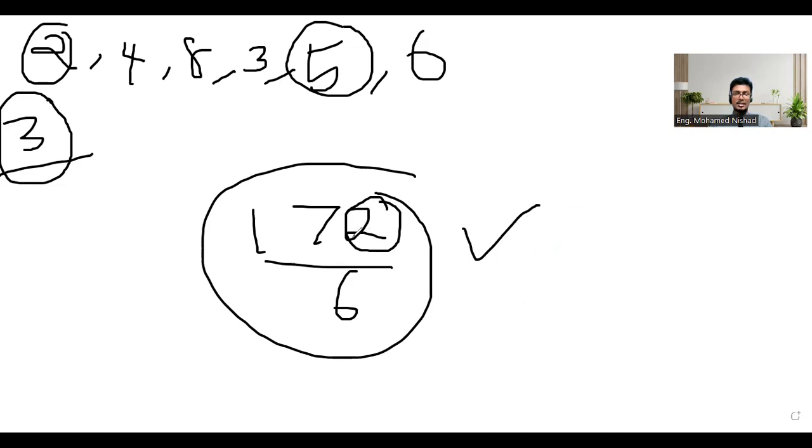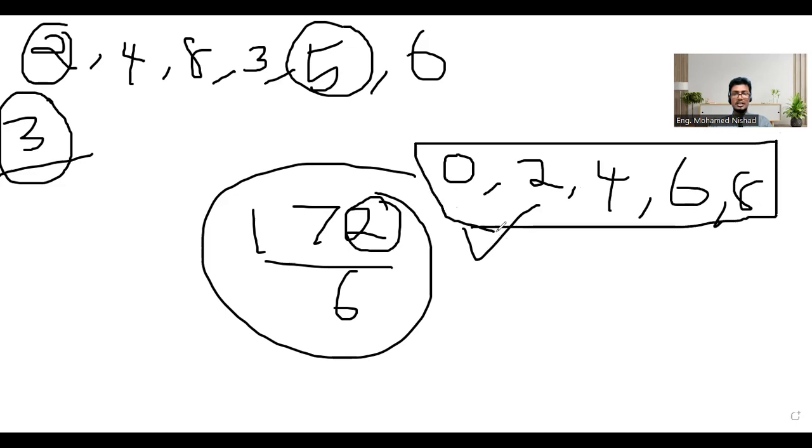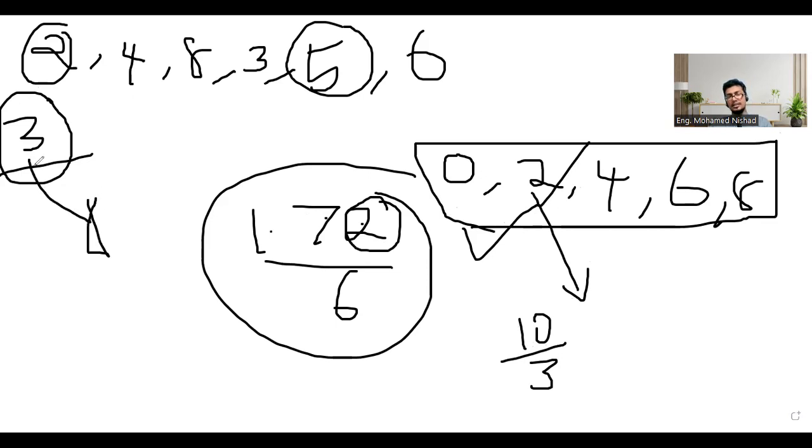If the last digit is 0 or 2 or 4 or 6 or 8, then that number will be divisible by 2. This number is ending with 2, therefore it will be divisible by 2, but it will not be divisible by 3. Why? Because 7 plus 1, 8, 8 plus 2, it will be 10. 10 is not divisible by 3. It is not satisfying this criteria, this 3 criteria. Therefore, it will not be divisible by 6. That is how we check it.